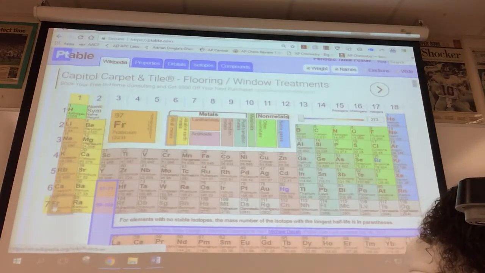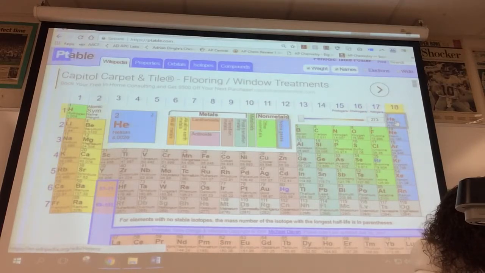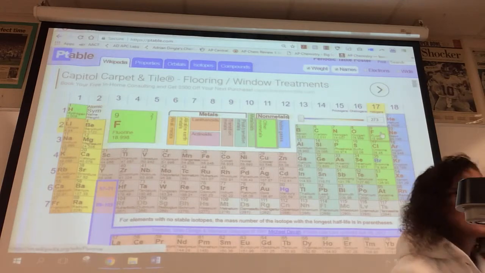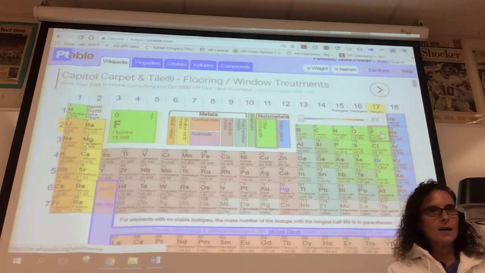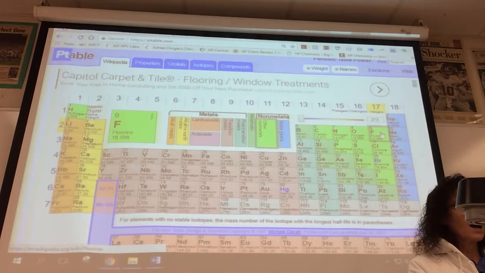So if this element is the most reactive metal on the periodic table, looking at your nonmetals and keeping in mind these are of extremely low reactivity, which nonmetal here is most likely to be the most reactive? Fluorine is correct, because keep in mind that nonmetals will gain electrons.